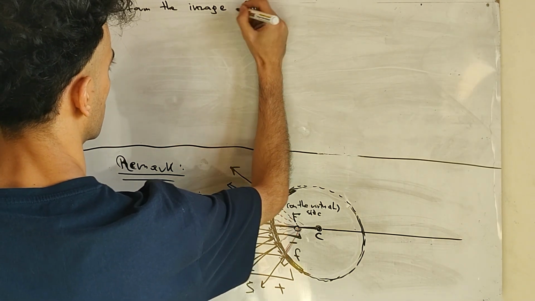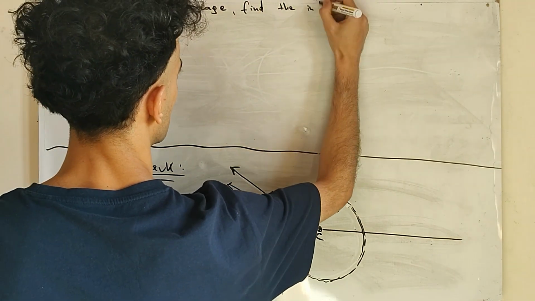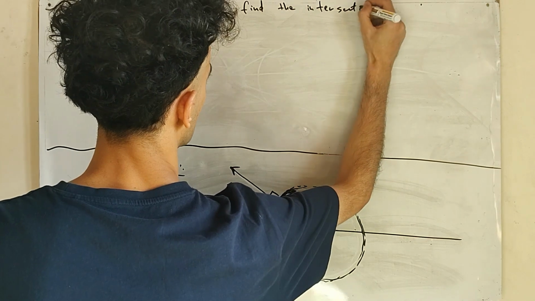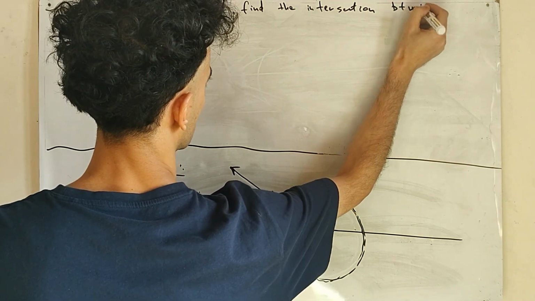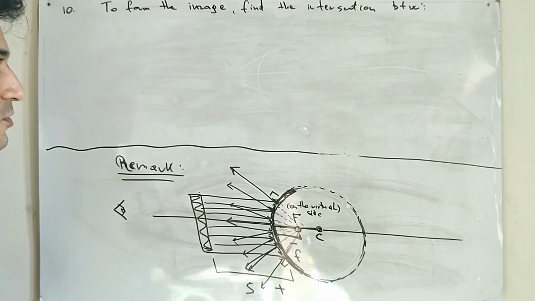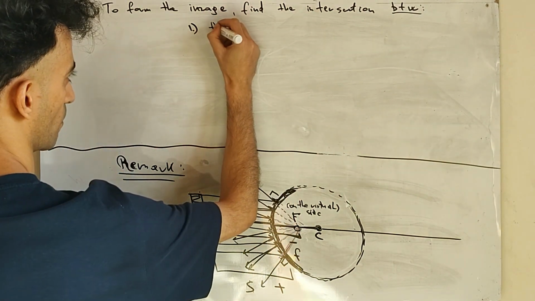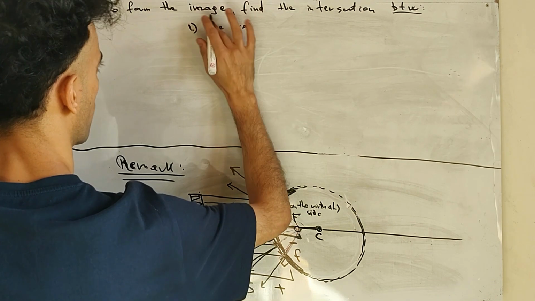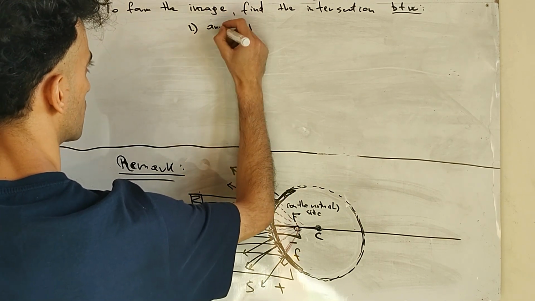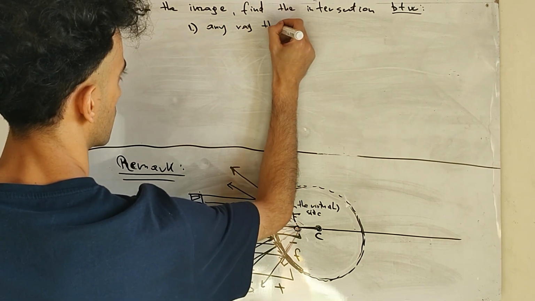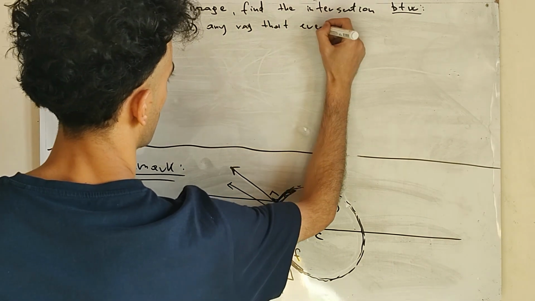Find the intersection between the following two rays. First, a ray in your ray diagram that eventually goes to the focus.